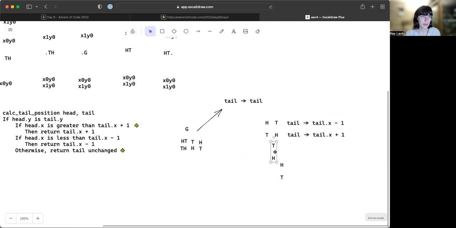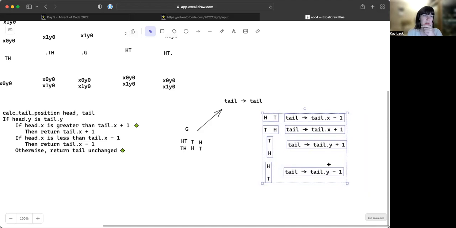This one results in tail y plus 1, and this one results in tail y minus 1.